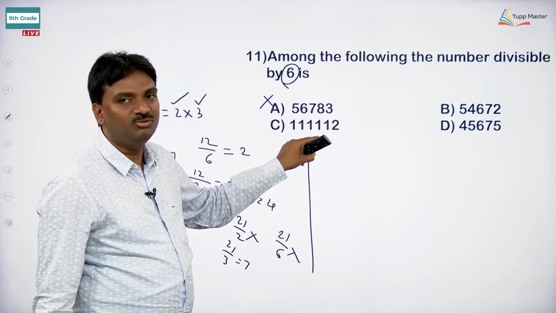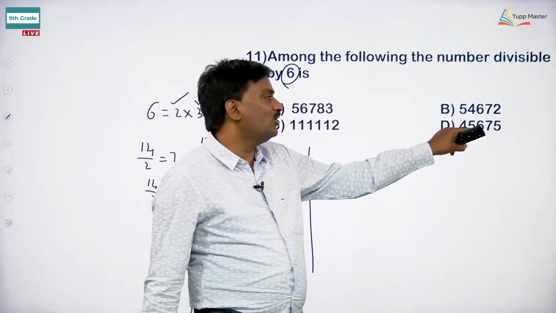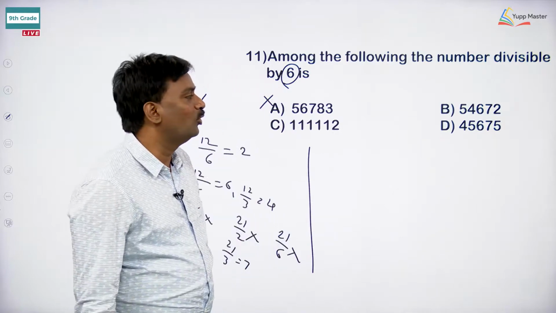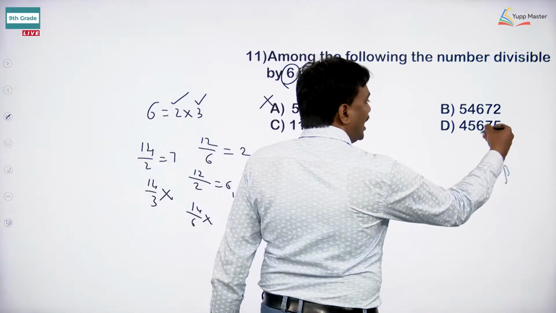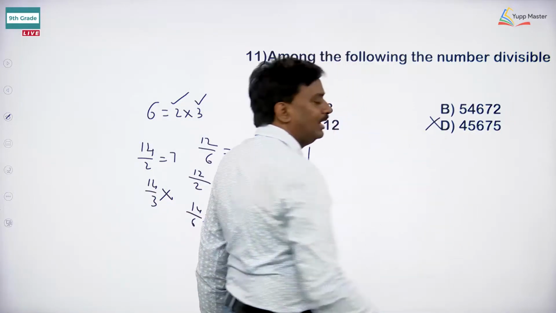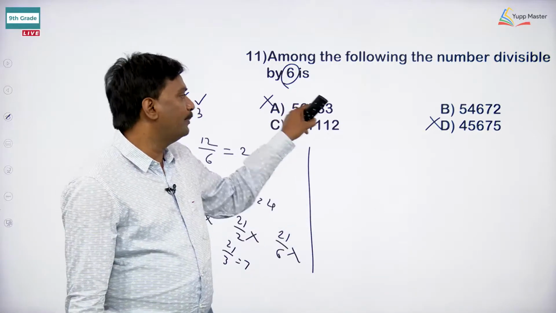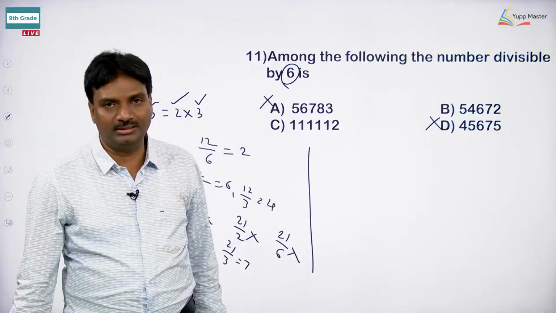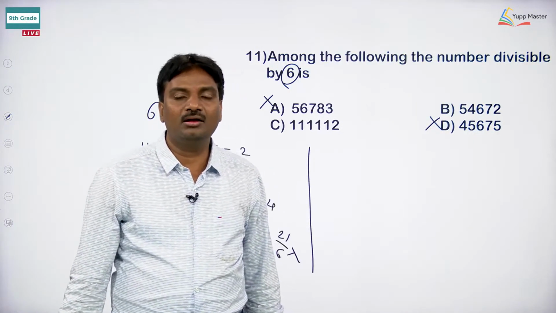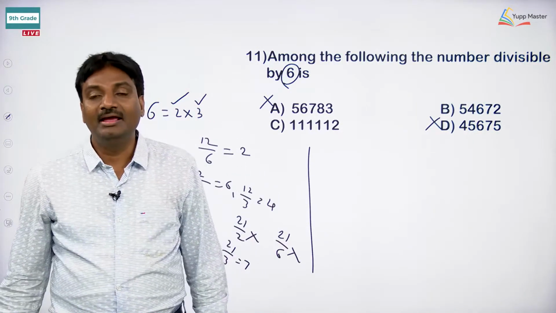This may be divisible by both 2 and 3. By observing option D, 45675, the last digit is 5. So clearly the number is not divisible by 2. So options A and D are not the correct options for the given problem.